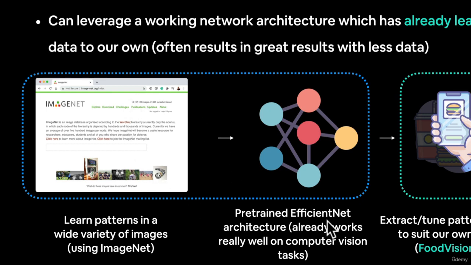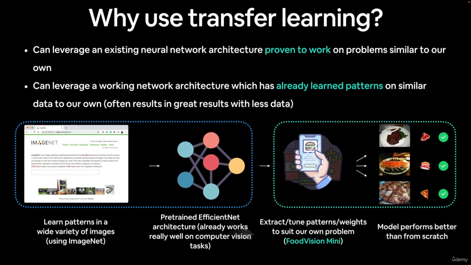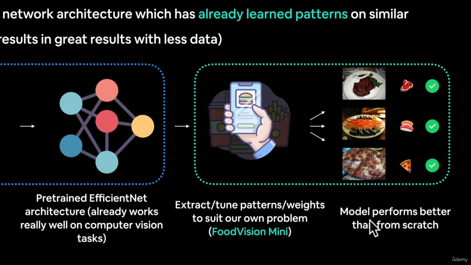And so we might want to extract those pre-trained patterns from EfficientNet and tune them, the patterns, the weights, to suit our own problem. Food Vision Mini. This is what we're going to be building throughout this section. And so, ideally, if we extract the patterns from a pre-trained model, our model that we've tuned to our own use case performs better than a model just trained from scratch, such as what we did with TinyVGG.